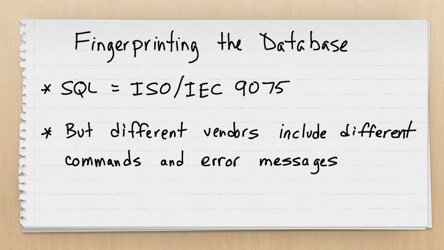Now you can also fingerprint the database. In order for you to be able to successfully execute complex queries and exploit different combinations of SQL injections, you can use fingerprinting techniques to get knowledge about that database or that infrastructure. Now the SQL language is defined in an ISO standard, ISO 9075.